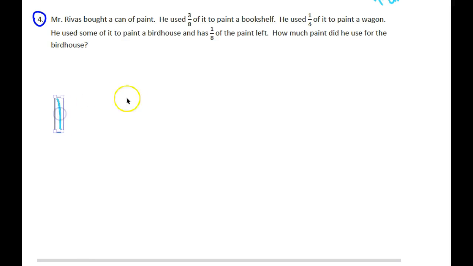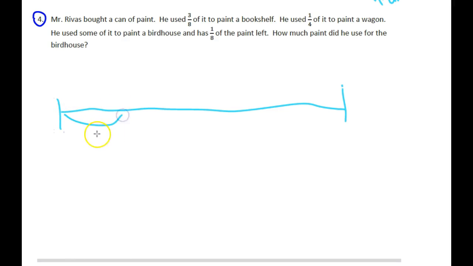Oh, it's doing that again. Let me get my pen back here. I'm just going to have to make the line this way so that one won't move. And pen again. Make this part of it. So this is all of his paint right here. He used 3/8 of it for a shelf.